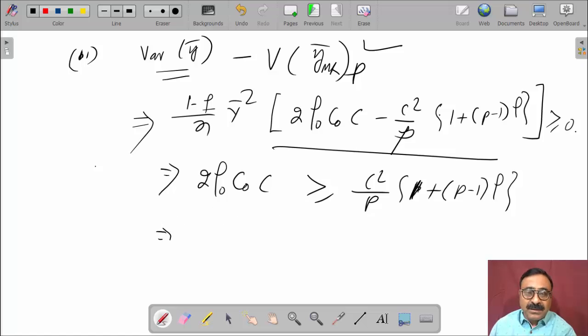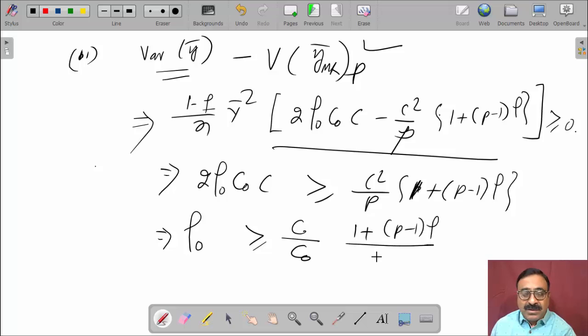So that implies rho 0 is greater than or equal to C by C0, 1 plus P minus 1 into rho by 2. So therefore, if this condition is satisfied, then only the multivariate ratio estimator using P auxiliary variable is superior to the estimator using no auxiliary variable, that is the simple mean estimator under SRS WR scheme. Thank you.